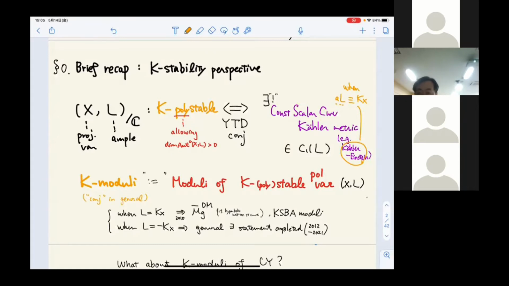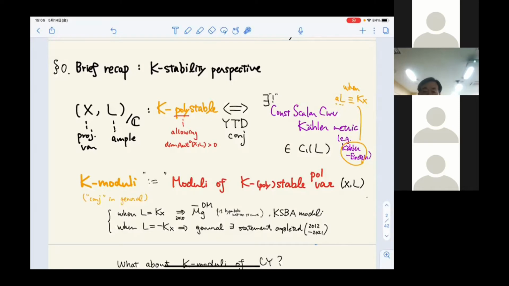L stands for some polarization, and it plays a role in fixing a Kähler class here. This gives essentially no information in the case of curves, but in higher dimension, it does give information.